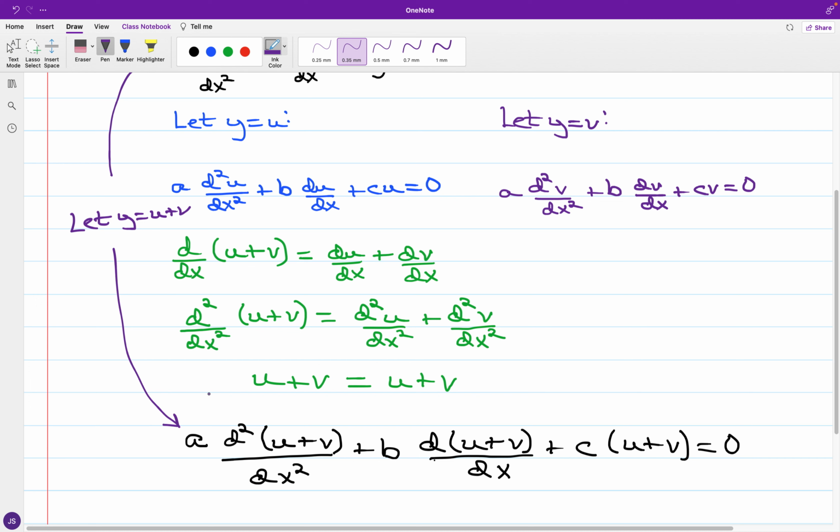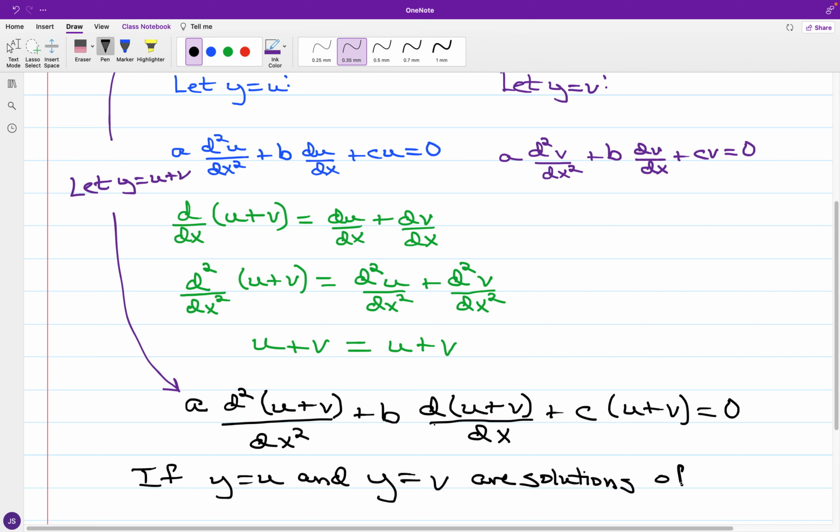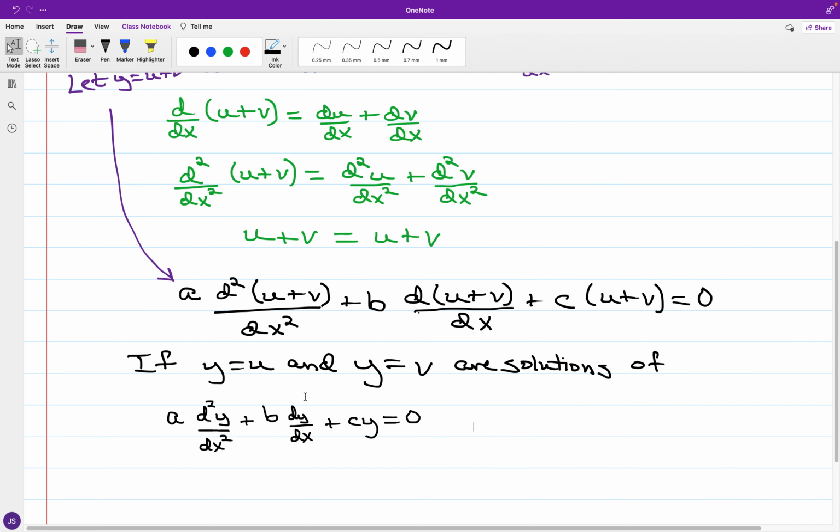And for what we have in this particular case, if we have that y is equal to u and that y is equal to v are solutions of the original equation, so individually, if we have y equal to u and y equal to v to be solutions of this equation, well, guess what?